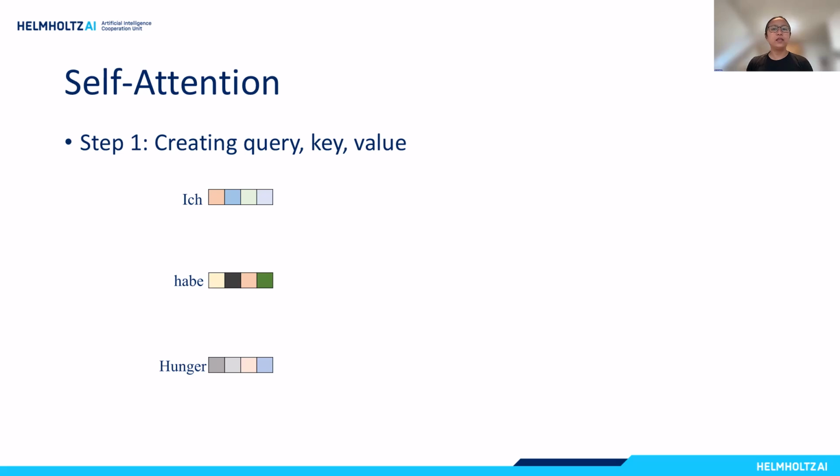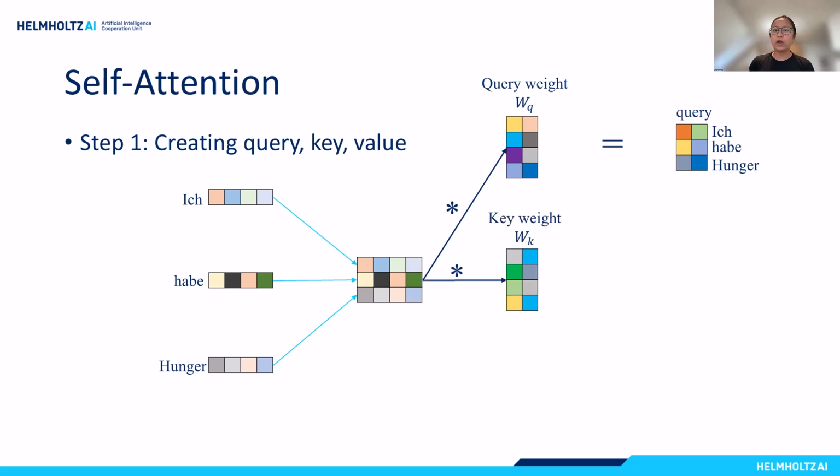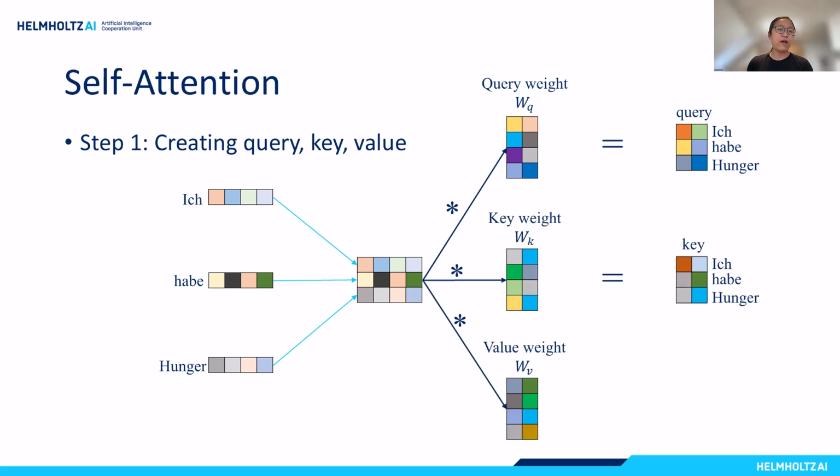Let's use the "Ich habe Hunger" example. In self-attention, we need query, key, and value of each of the words. To do this, we first combine all of the word vectors into a matrix. Then, the matrix is multiplied with a query weight matrix for query, a key weight matrix for key, and a value weight matrix for value.